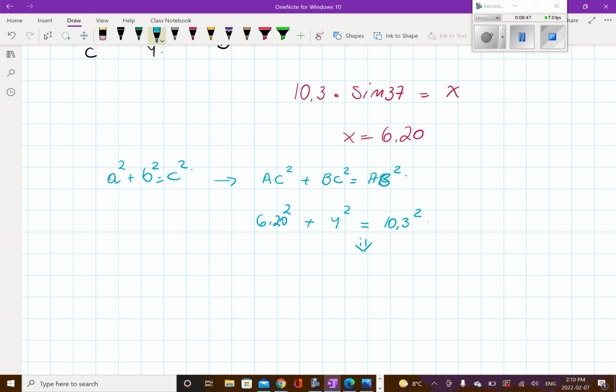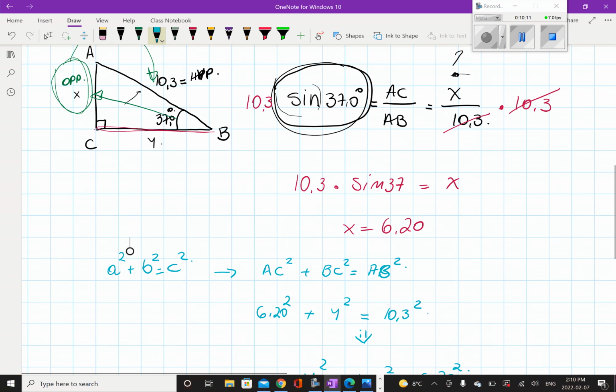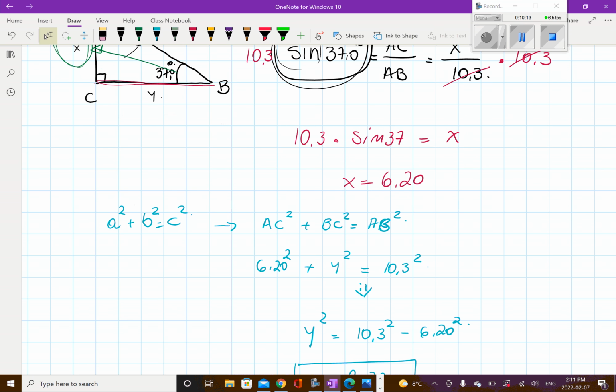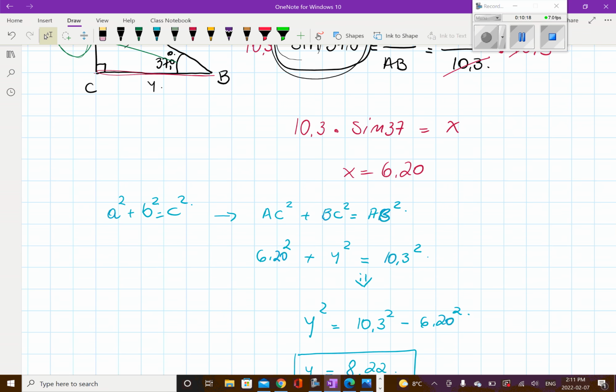From here, we can find that y squared is equal to 10.3 squared minus 6.20 squared, or y is equal to 8.22. Even if you are using cosine for this, you should have the same value, 8.22, and whatever are the units.